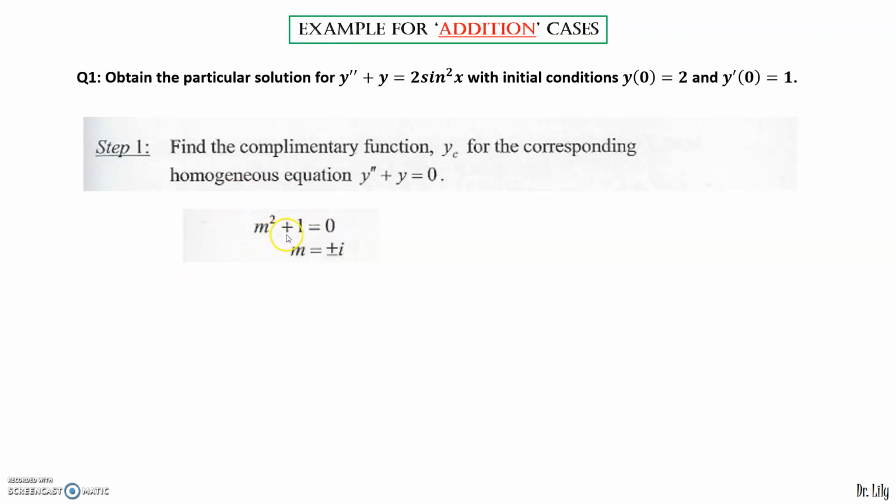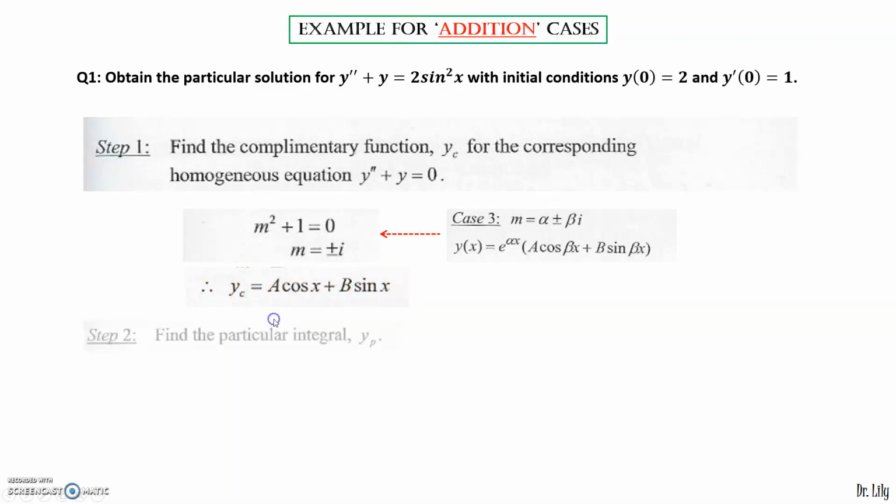So in this case, m² equal to negative 1, so m is equal to ±i. For this case we consider as case 3 where the root is a complex number. So alpha is equal to 0, beta is equal to 1. From here, we know that the complementary function yc is equal to a cos x + b sin x.